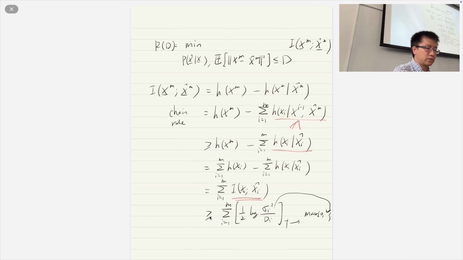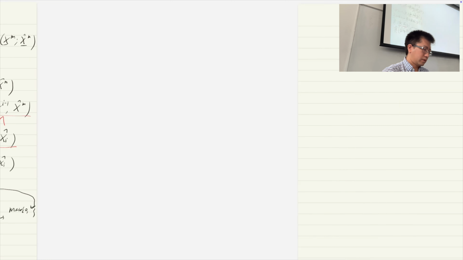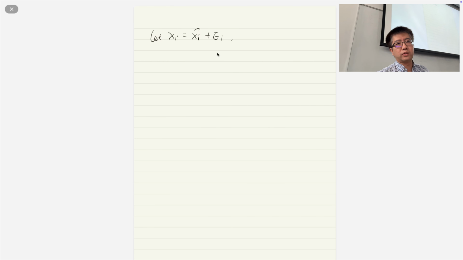Basically, what we do is as follows. We let xi equal xi hat plus ei, using the backward channel idea. We assume that ei and xi hat are independent.